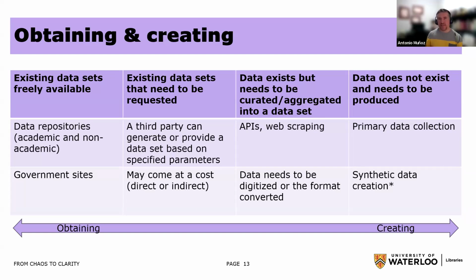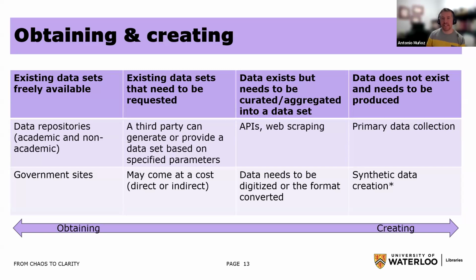So you are generating your own data set out of something that already exists. Or maybe if you're not working with tabular data, maybe you're working with historical documents or things like that, and you need to digitize or convert the format of the data that already exists somewhere else.